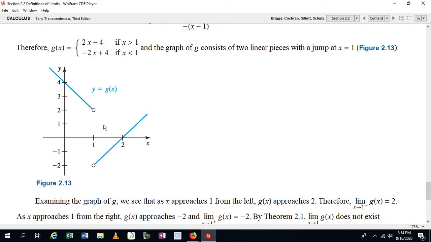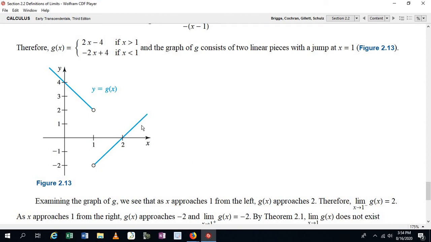Okay, so we're going to try to determine the limit as x approaches 1 from the right-hand side. If you're on the right-hand side of 1, then the y values that are coming out appear to be, as you get closer to 1, getting closer to negative 2.